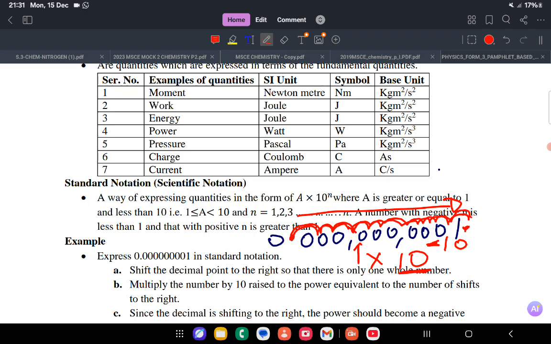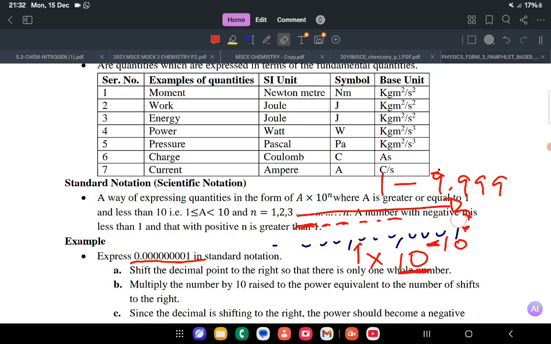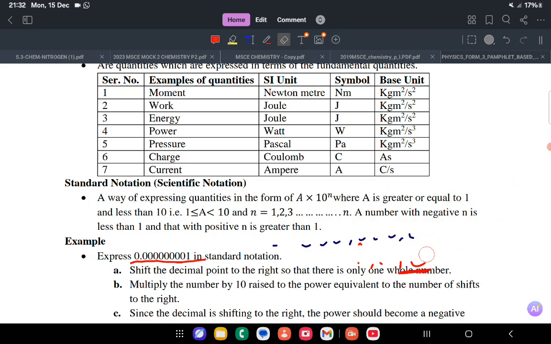Ideally, I go up to there because I'm looking for a number that lies between 1 and 9.999. All right, so the same number is going to be 1 times 10 to the power minus 10. This number has a better form of presenting it, and it's easier to tell.